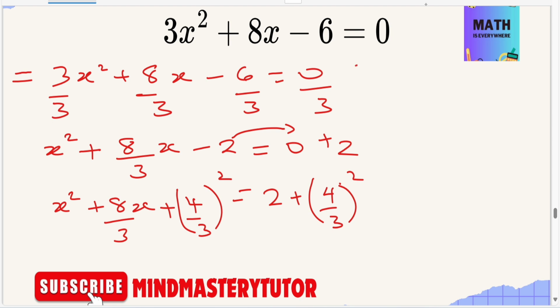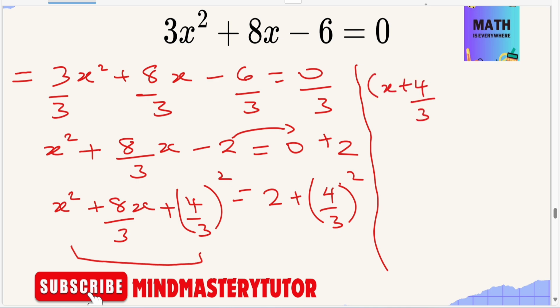So let's just continue. If you factorize this one, it just becomes x plus 4 over 3, because you just square root this one and you square root this one only. Na ile sign ya katikati ndio itatupa ile sign ya hiyo ndani ya factor. So equal to 4 over 3 squared tunasema ni 16 over 9.